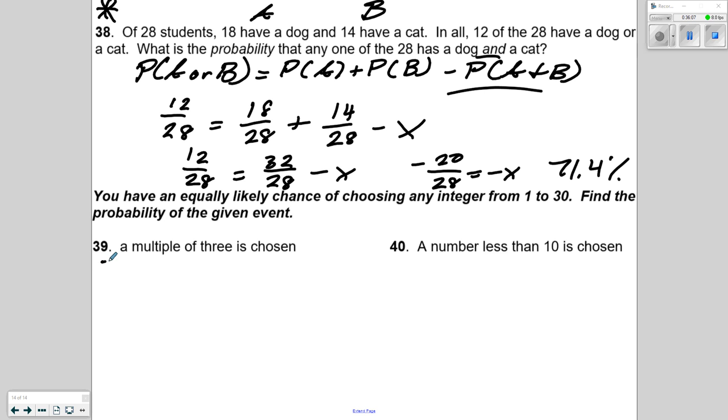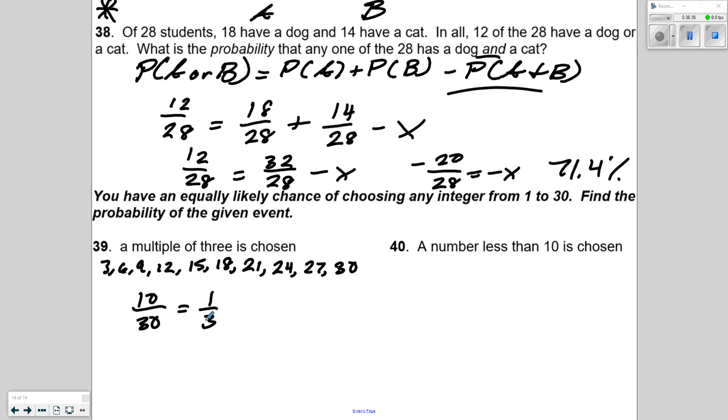We could list them out. 3, 6, 9, 12, 15, 18, 21, 24, 27, and 30. So that was 10, which makes sense. It's going from 1 to 30. We're talking about multiples of 3, so that's 10 out of 30 possible outcomes, which would be 1/3.